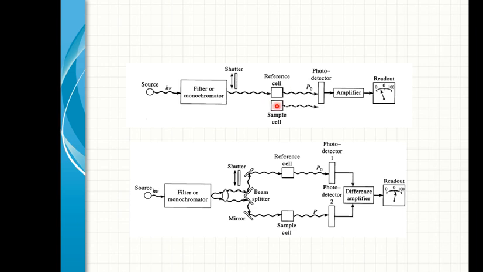If the theoretical concentration of the sample is 5 molar, say, we have to prepare a standard solution of 5 molar. So when we measure the absorption of the 5 molar reference standard, say the absorption is 0.2.